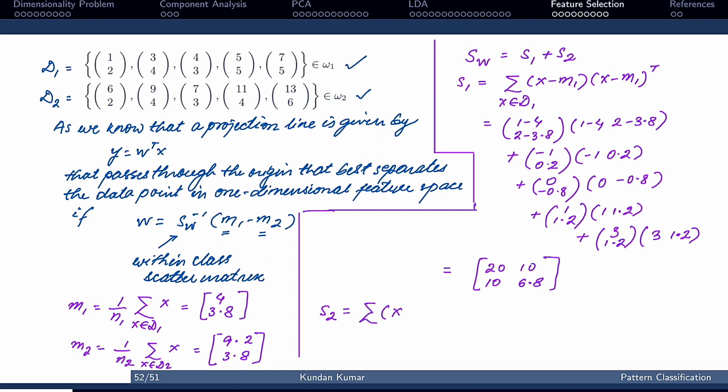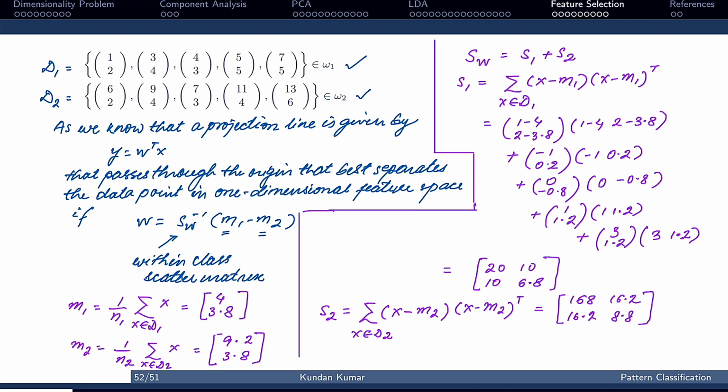It will be x minus M2, x minus M2 transpose, where x belongs to set D2. So, when you solve this in the same manner, you will get 168, 16.2, 16.2, 8.8.